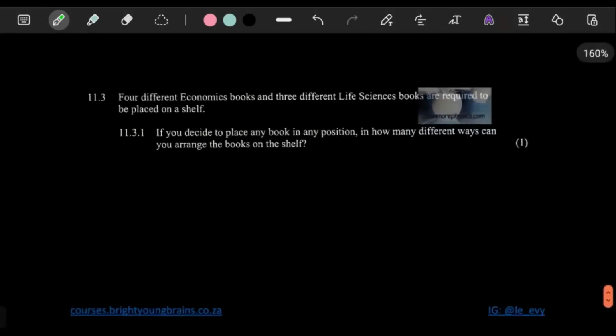This next one says 4 different economics books and 3 different life sciences. So it's 4 economics, 3 life sciences. 4 economics books and 3 different life science books are required to be placed on a shelf.